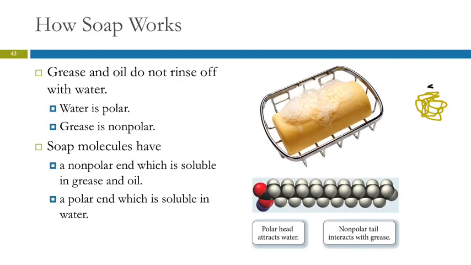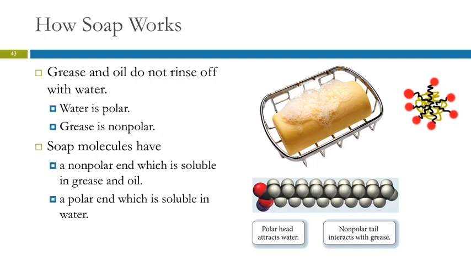So the nonpolar tails of the soap are going to be attracted to the grease or the oil, and they'll get in there and mingle with those molecules. The polar head part of the soap molecule is going to be on the outside because it's not going to mix with the grease very well.